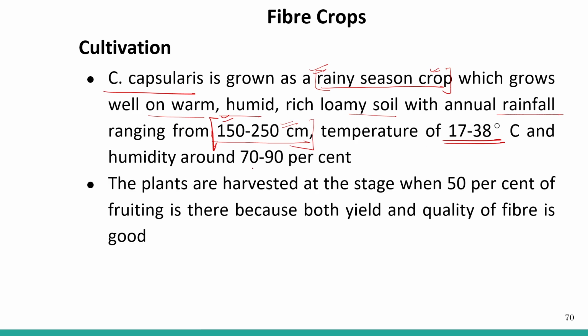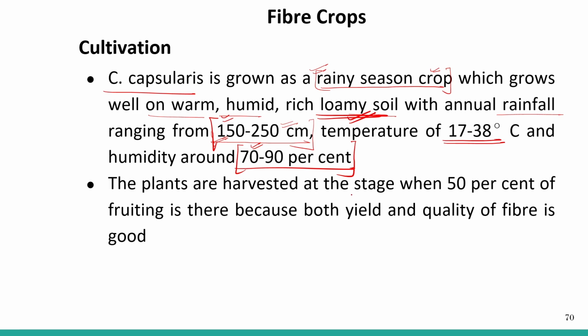And it requires humidity also, around 70 to 90%. So it requires quite warm, humid conditions and a good amount of rainfall, and it grows in loamy soil. So you have to remember the range of rainfall, the range of temperature, the range of humidity, and the soil they require, that is loamy soil.